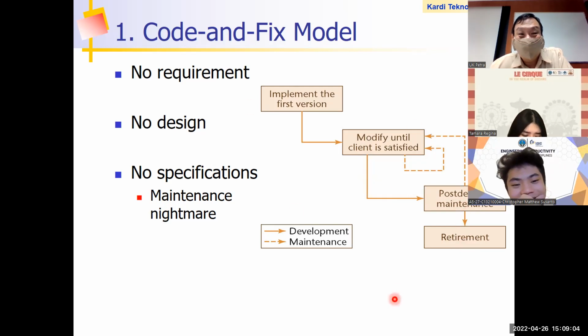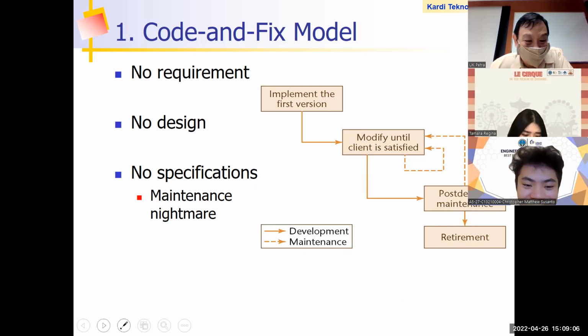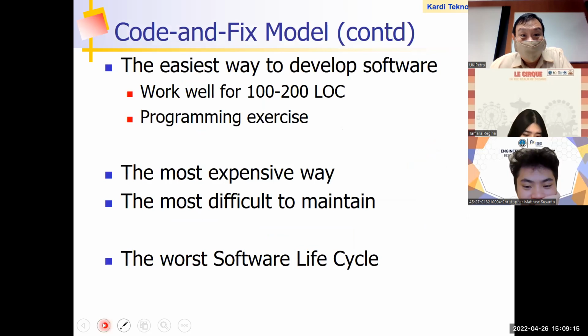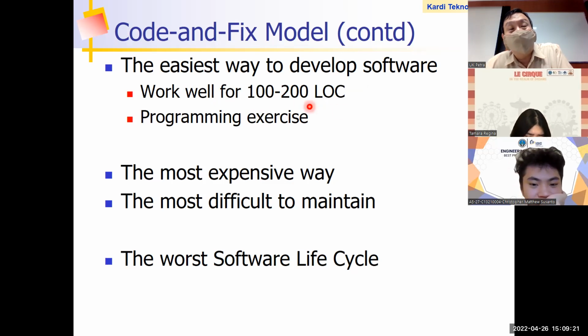This is the model we call code and fix. You code and fix it until you retire the software. So easy, right? This is the easiest way to develop software. It works well if your code is just 200 lines of code, so this is practically a programming exercise.